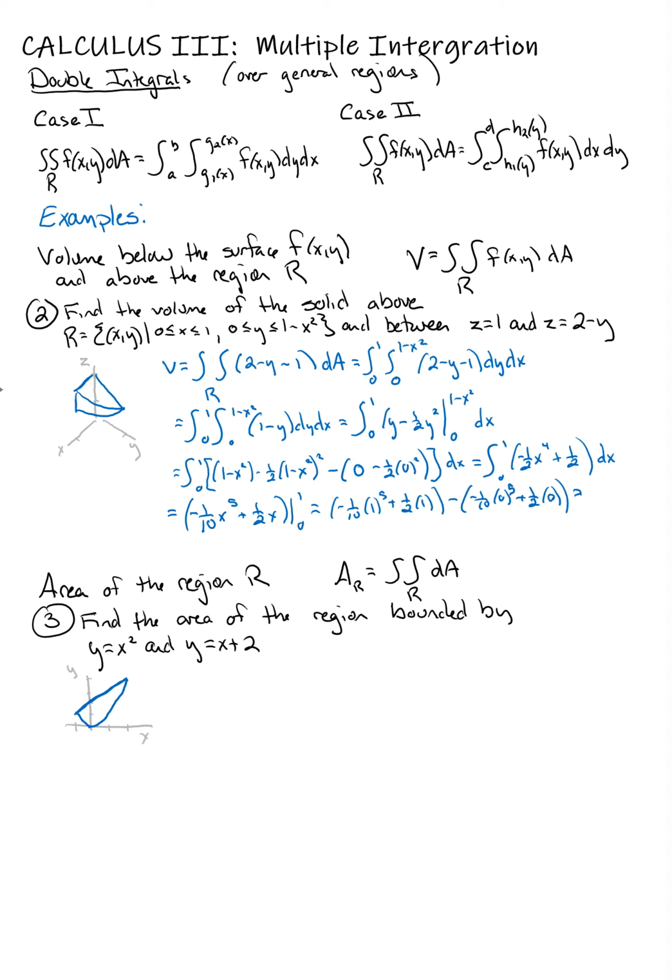Evaluating 1, also pretty darn simple. We end up with, let's see, negative 1/10 plus 1/2, common denominator. Put those together, let's see, I think we'll be able to reduce that. And that should be what, 2/5, 4/10, yeah, 2/5. And there we go. So the volume of this solid is 2/5.